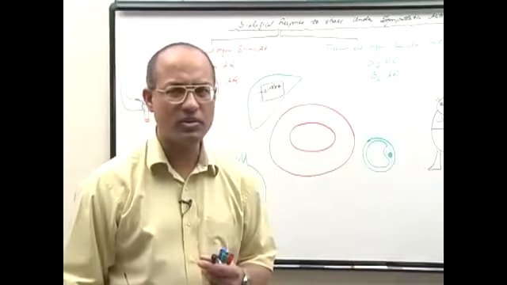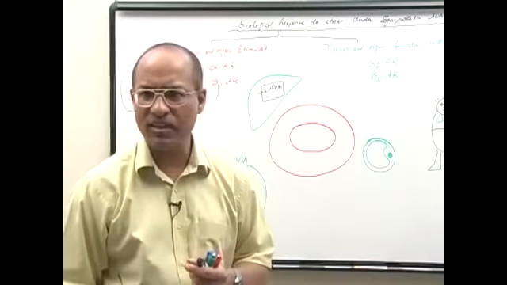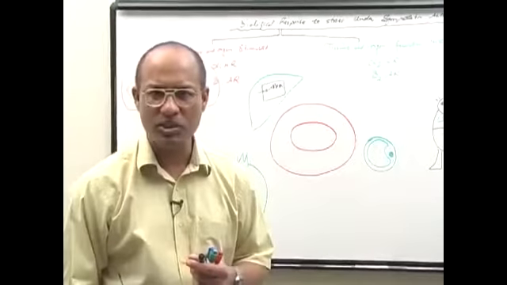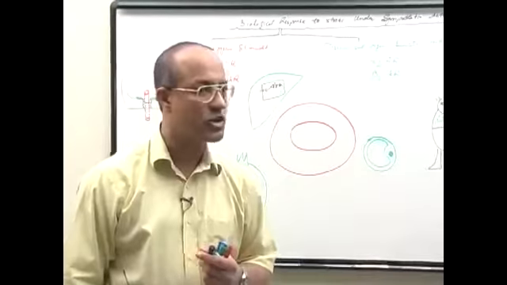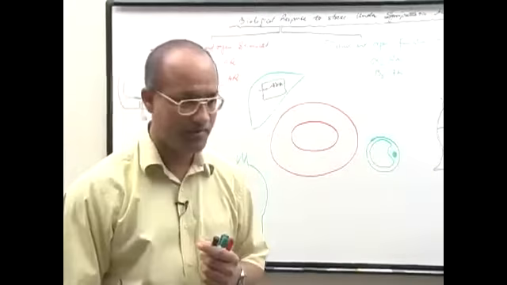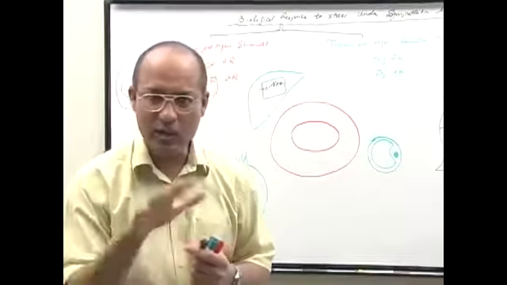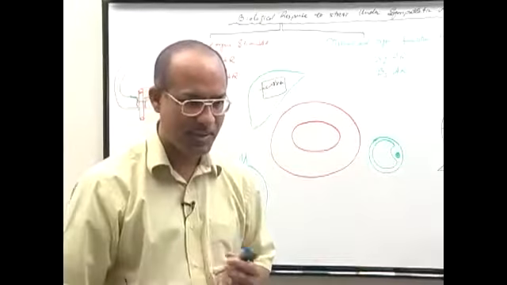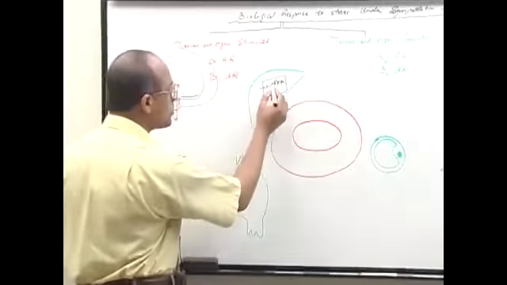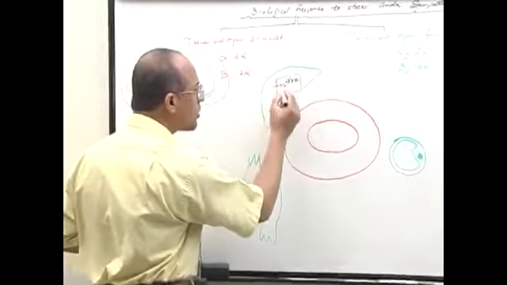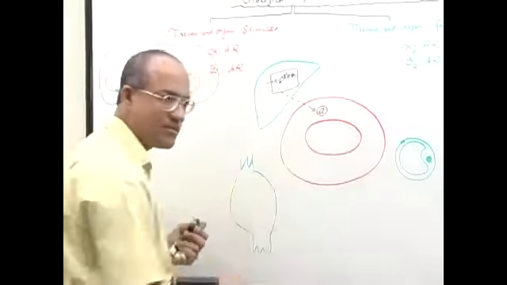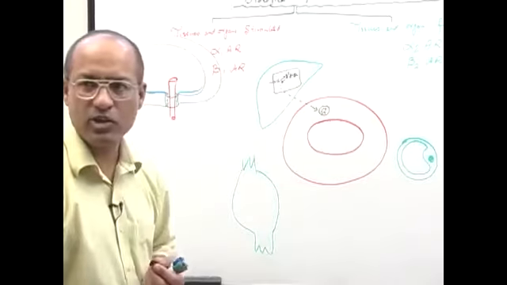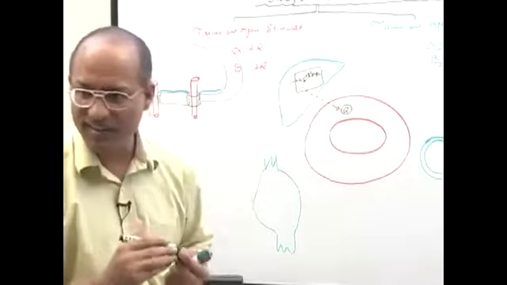Do you think under stress you need to store glucose as glycogen? Do you think under stress you must do glycogenesis? No. Glycogenesis should stop. Rather, glycogen should break down into glucose, and glucose should come to the blood. Am I right? So glycogenesis should be inhibited.